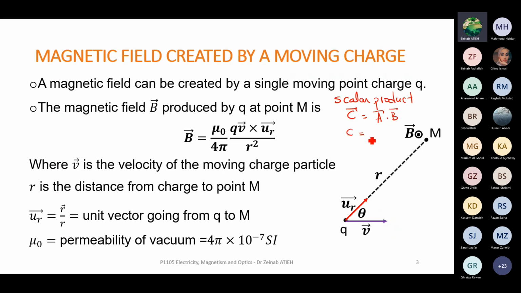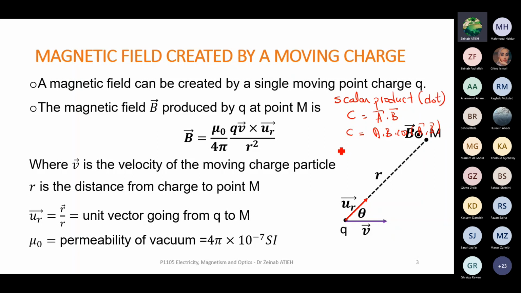So C is not a vector, it's a scalar, just a number. It's equal to A B times cosine theta, where theta is the angle between A and B. You all know this for the dot product.